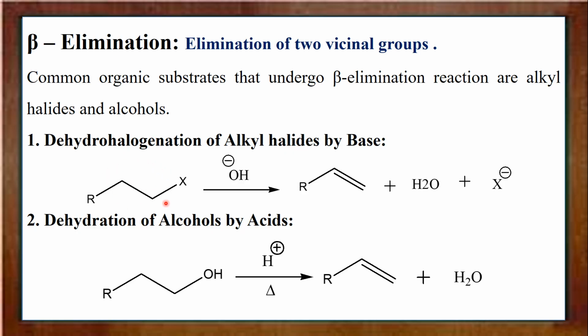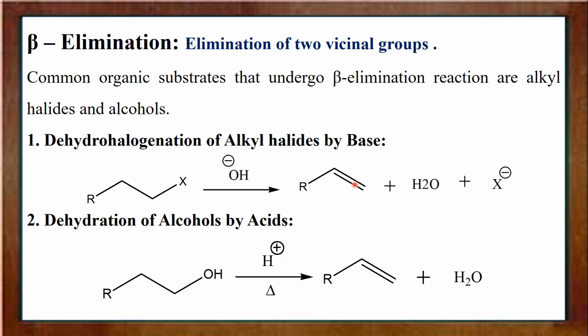So with this alkyl halide, when we add a hydroxide base, it abstracts a proton from the beta carbon. The resulting negative charge makes a bond here and pushes the halide out. So an H plus from the beta carbon and the halide from the alpha carbon are eliminated to form an alkene.